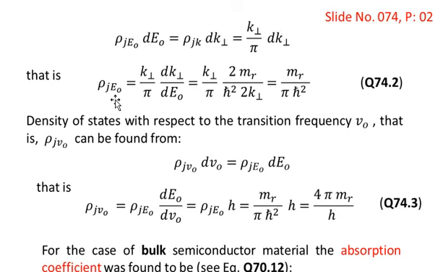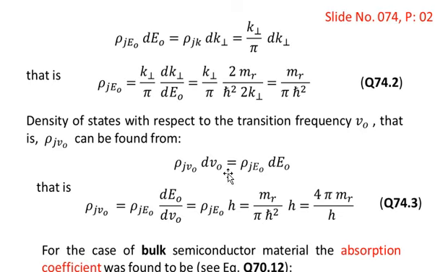Before that we have given it in terms of E naught, as shown in equation number 2. Now we are going to calculate the same thing in terms of the transition frequency nu naught. That is, we want to calculate rho j nu naught, and the relationship is rho j nu naught into d nu naught is equal to rho j E naught multiplied by dE naught.